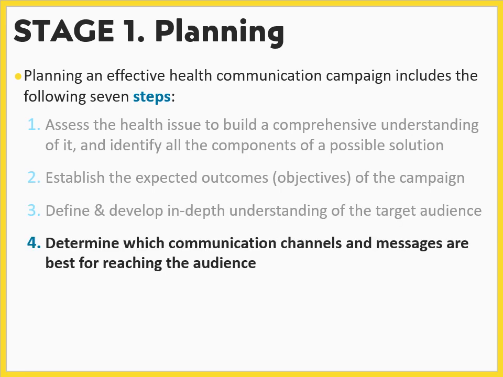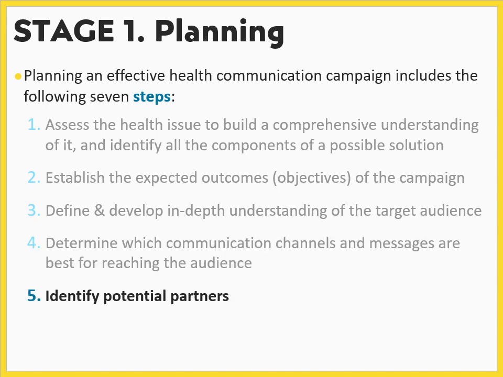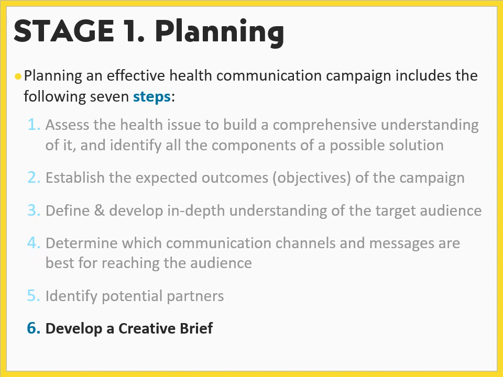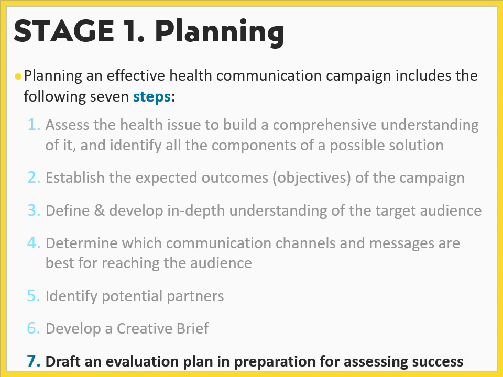Step 4, determine which communication channels and messages are best for reaching the audience. Step 5, identify potential partners. Step 6, develop a creative brief. And finally, step 7, draft an evaluation plan in preparation for assessing success of the campaign.